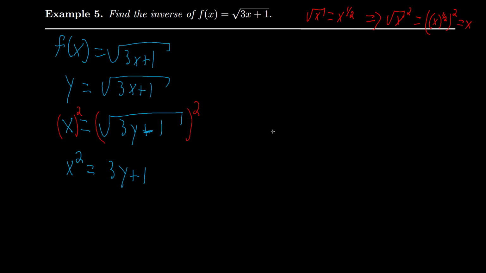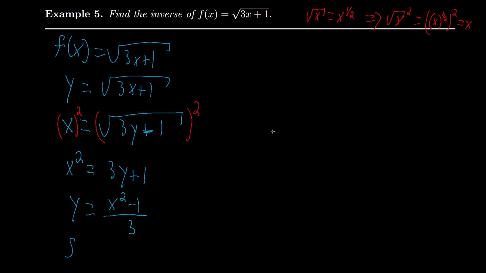That is, the square root of x and x squared are inverse functions. So we just actually verified that. We did it one way. We'd have to do it the other way to actually verify it. But this is what's going on. The square root of a number is just that number to the 1/2. Anyway, we're just going to finish solving this for y. It's easy enough. We subtract 1 and divide by 3. And we get that y must be x squared minus 1 all divided by 3.